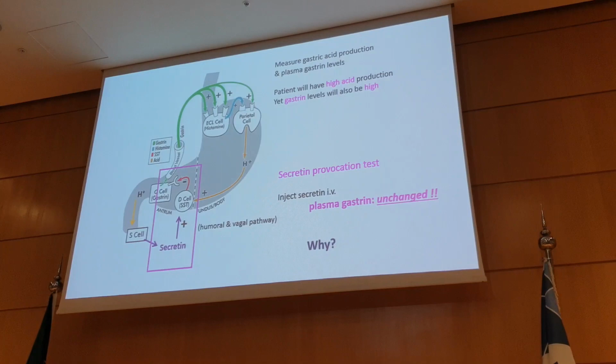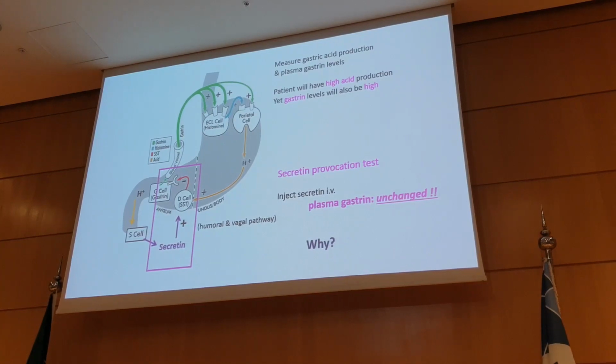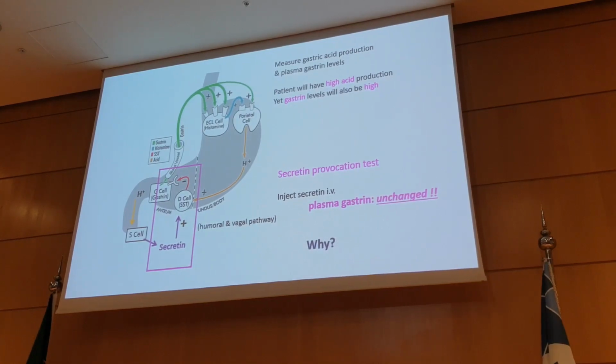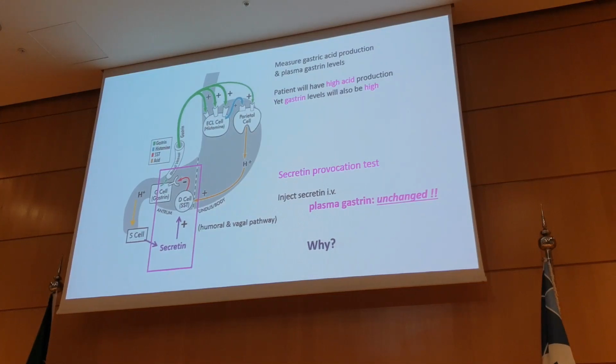Well, but they didn't know that at the time. What they knew is that this is outside the feedback loop. This is not normal. Then they went looking for the source of gastrin. They said, it's got to be coming from somewhere else. Because as far as we're concerned, the D cells should already be maximally activated because they got high acid. And on top of that, they can't turn off the gastrin anymore.